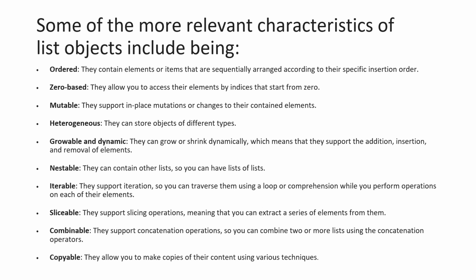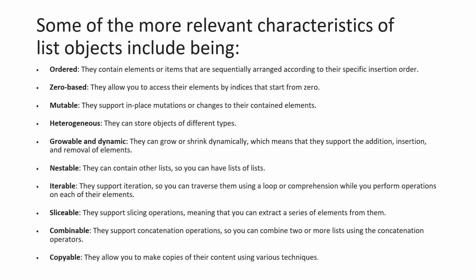Some of the more relevant characteristics of the list object include: ordered, zero-based, mutable, heterogeneous, global and dynamic, nestable, iterable, sliceable, combinable, copyable.